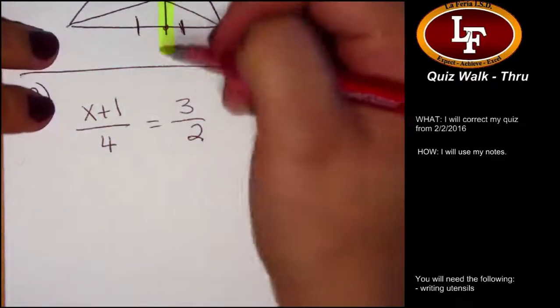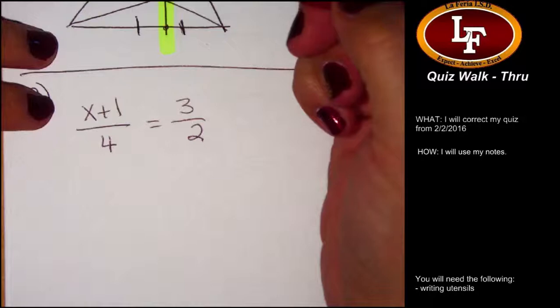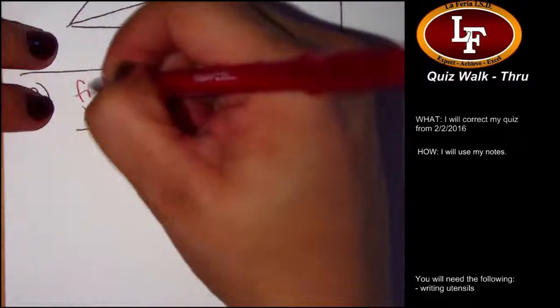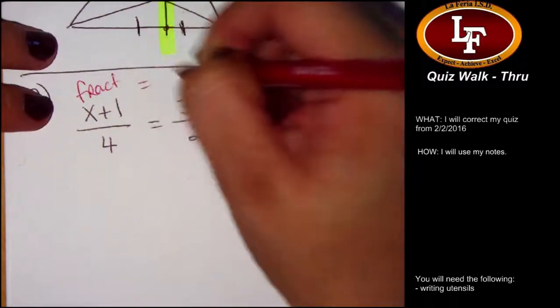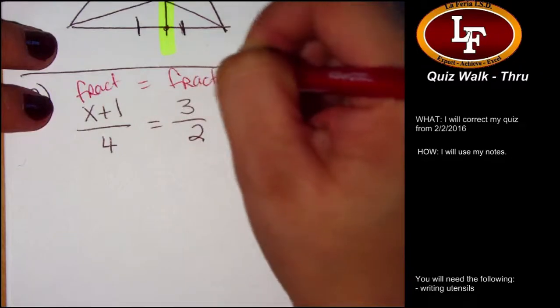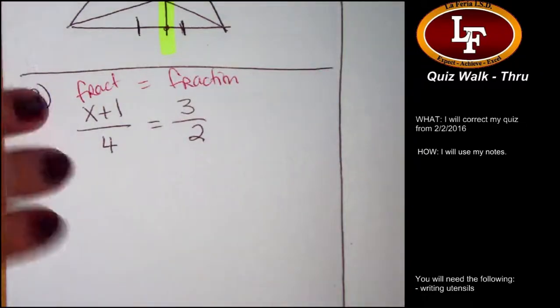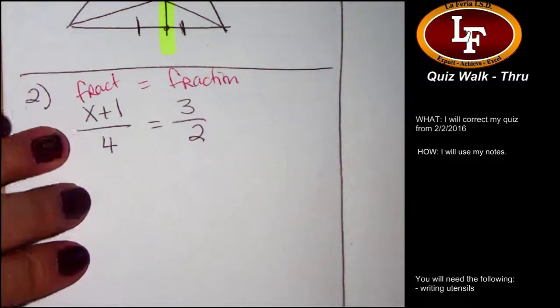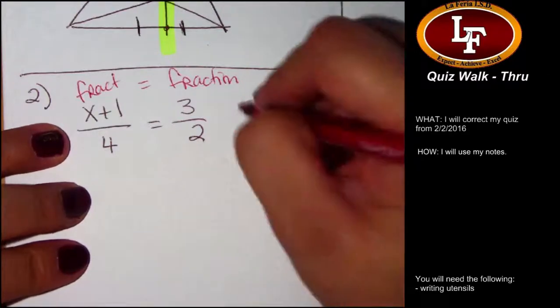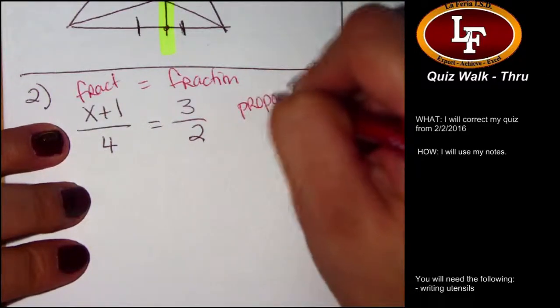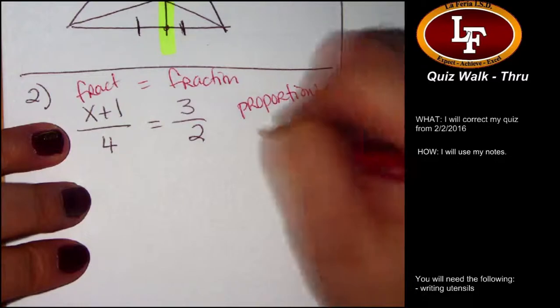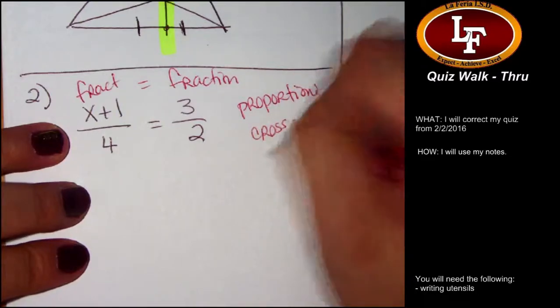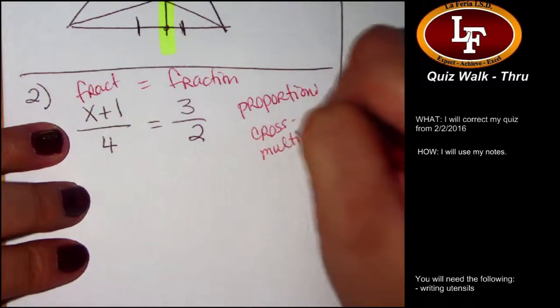And it asks you to identify what you're looking at. I'm looking at some fraction equal some other fraction. Whenever I have some fraction equal some other fraction, this is called a proportion. And all proportions can be solved using cross multiplication.